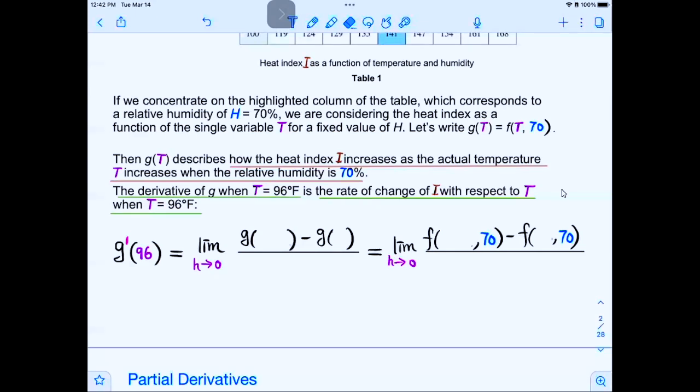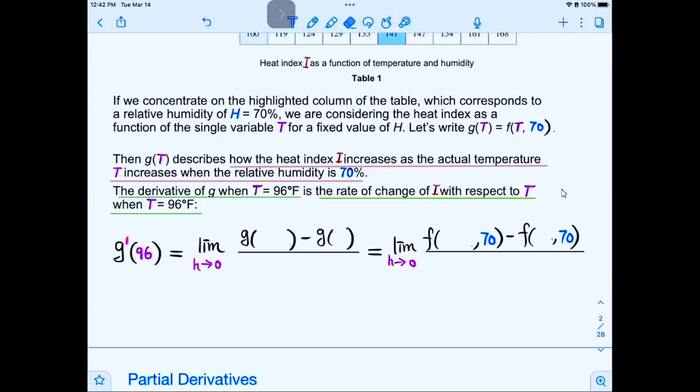So when the relative humidity is fixed to be 70, how does the heat index change as the actual temperature changes? Now, G prime of T, when T is 96 degrees Fahrenheit, is the rate of change of the heat index with respect to T only. Okay. When T is 96 degrees Fahrenheit.